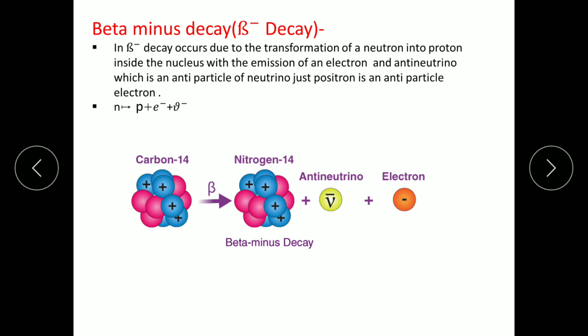Means what? In beta minus decay, neutron is converted to proton with the emission of electron plus antineutrino. See here, one reaction is there, in that antineutrino comes out and electron is also emitted.